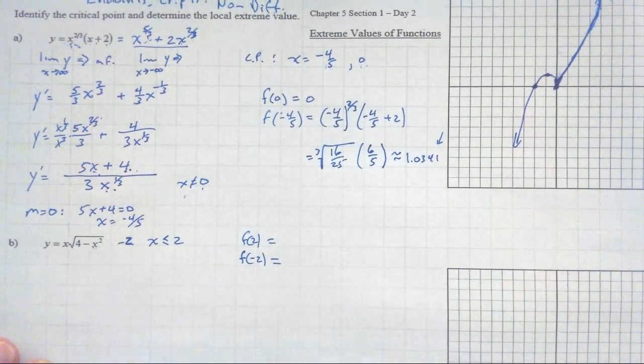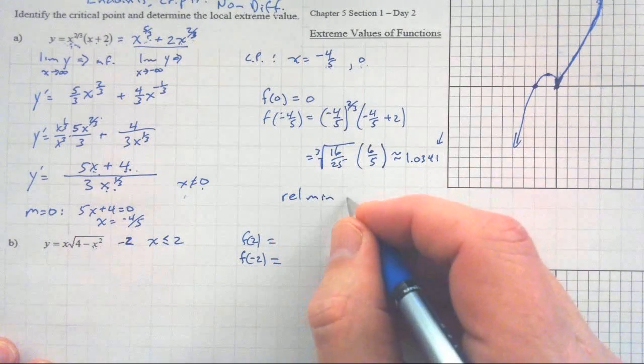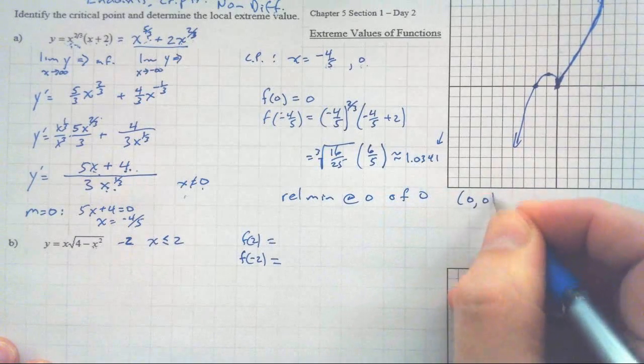Okay, so here's what we've learned. We have a relative minimum at 0 of 0, or the point 0, 0.